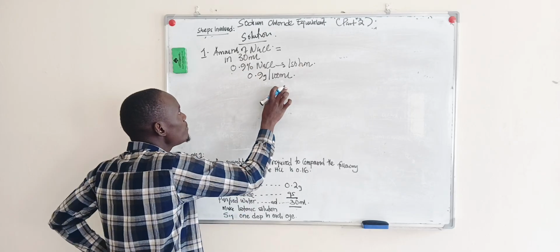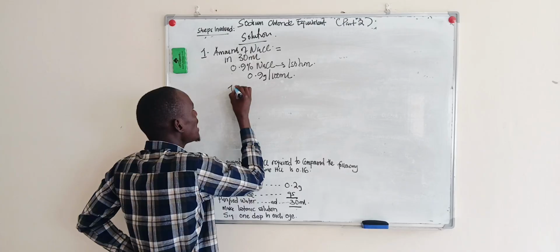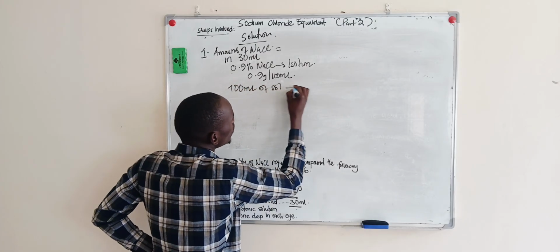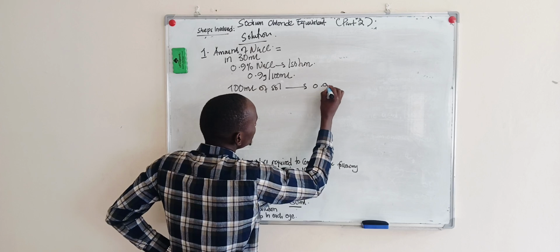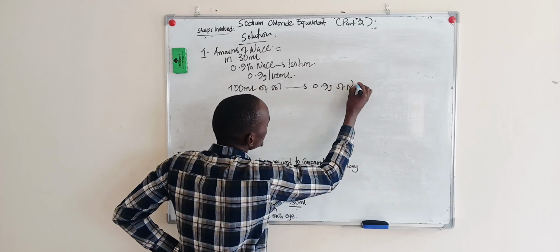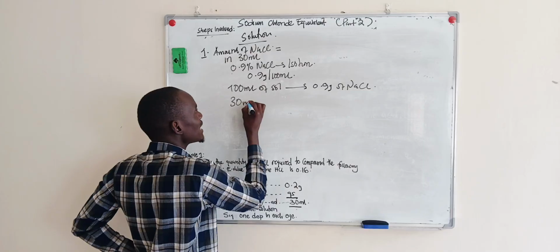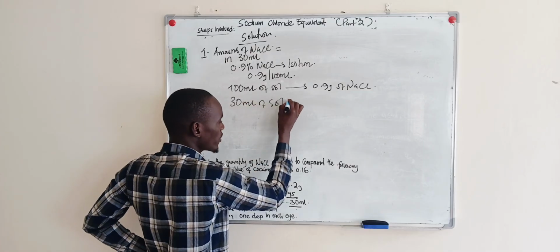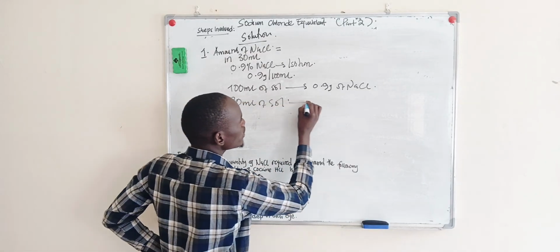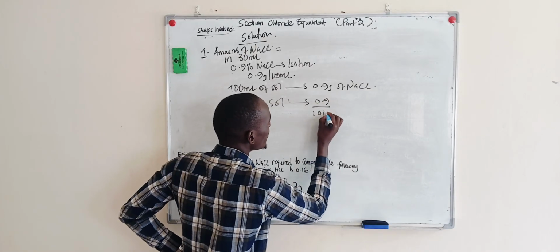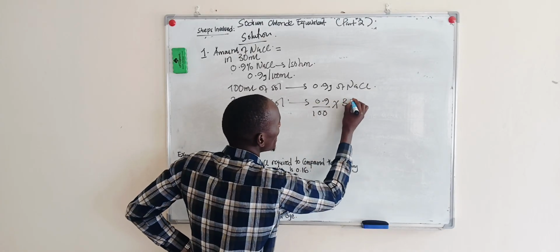So, 100 mils of solution contains 0.9 grams of sodium chloride. How about the 30 mils required? This will contain 0.9 divided by 100 times 30.